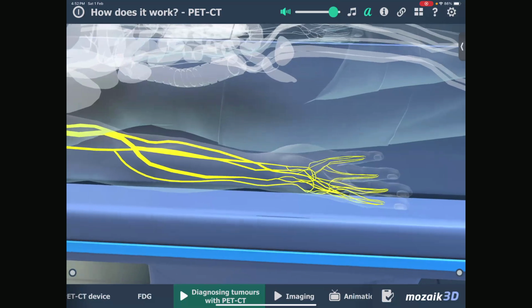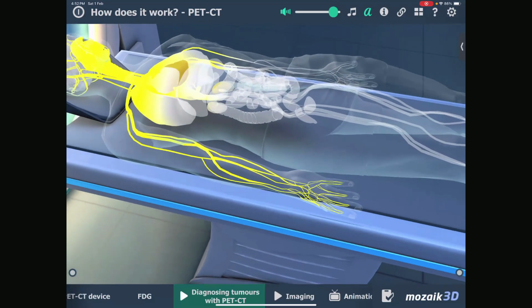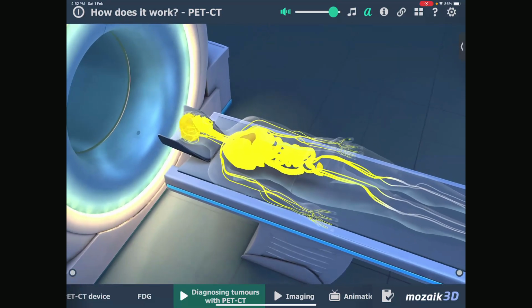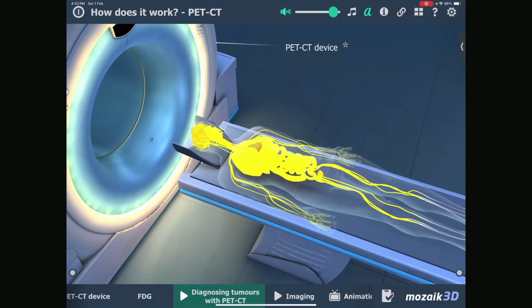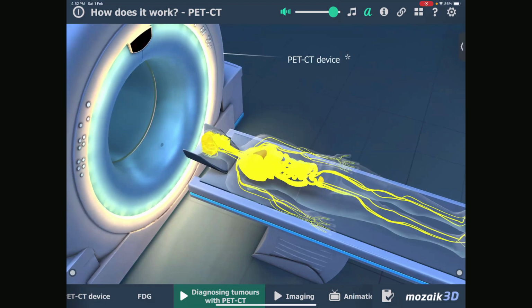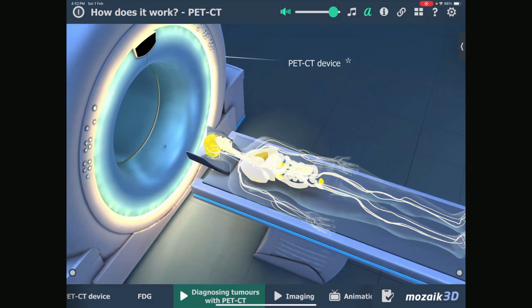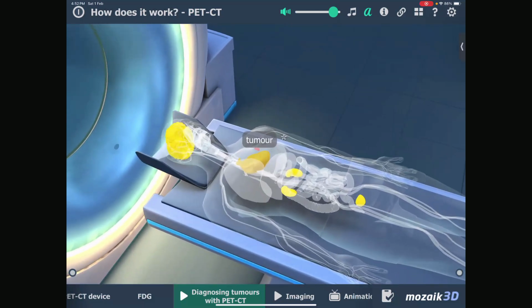we are diagnosing someone's hand or maybe the full body now, I think. Okay, it's going into the whole body. And then we're going to put the person inside. Right, so where is the tumor? The tumor is in that place, right?